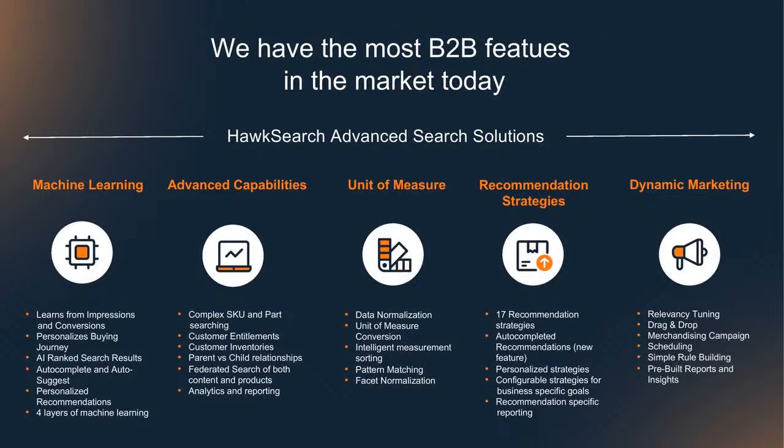And then we get into the advanced capabilities, right? Like I mentioned, customer entitlements, advanced SKU searching, partial SKU searching. There are all sorts of different ways of doing this, and we have a massive suite of analytics. We have trending reporting.